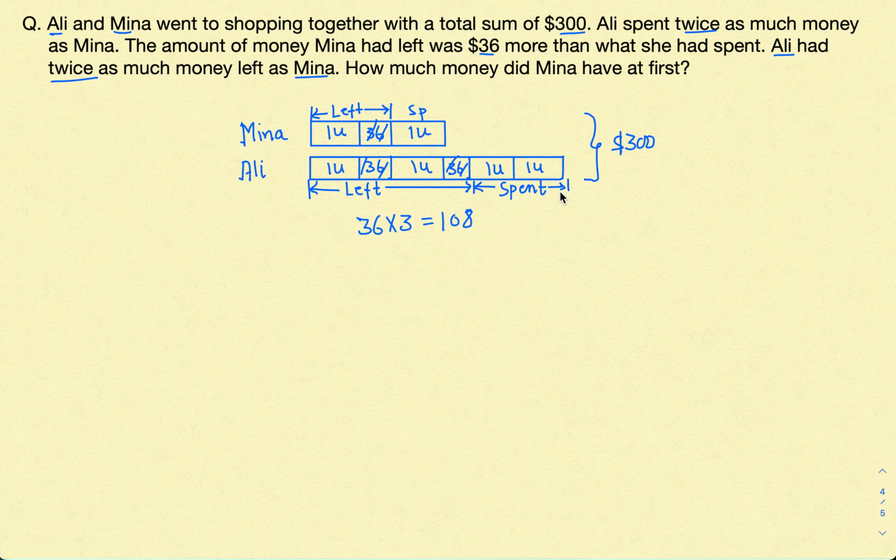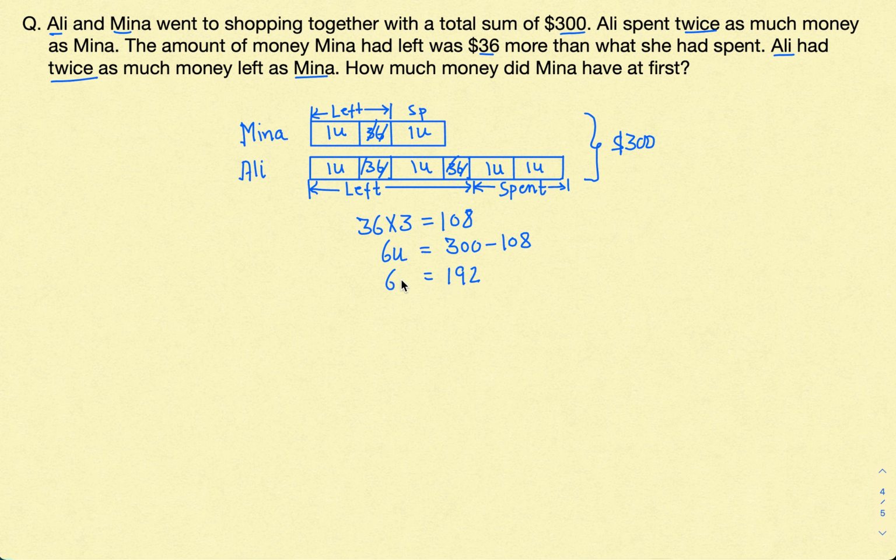If we just take away all these 36, we'll be left with 6 units. So 6 units will be equal to 300 minus 108, which is 192.